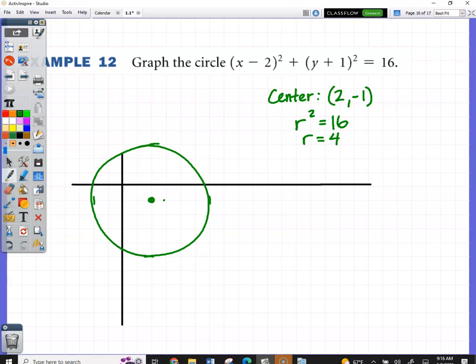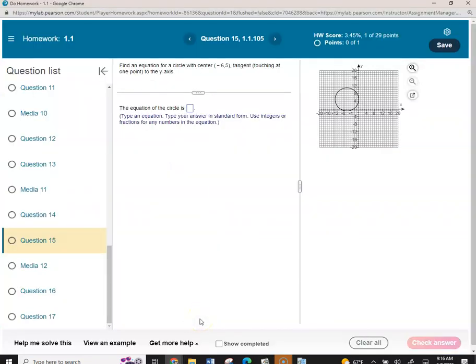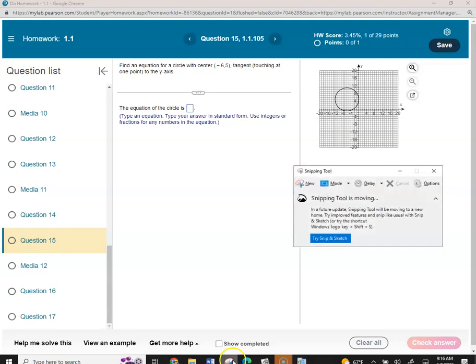Okay. You might want to add this to your notes. Question 15 from My Math Lab. And I don't think I can zoom in on it. So let's see, I can do this. Wait a minute.